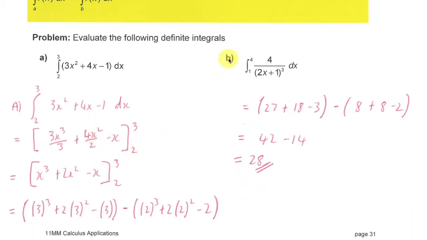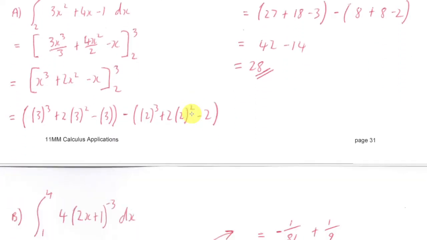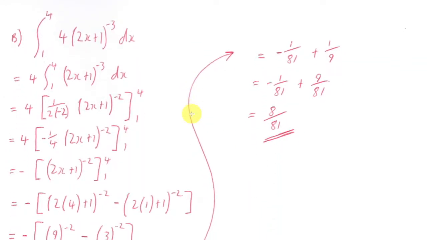Let's now take a look at B. We're looking at evaluating the definite integral of 4 lots of (2x plus 1) to the power of negative 3, where x is from 1 through to 4. Straight away I can take out the 4 and put that in front of the integrand.